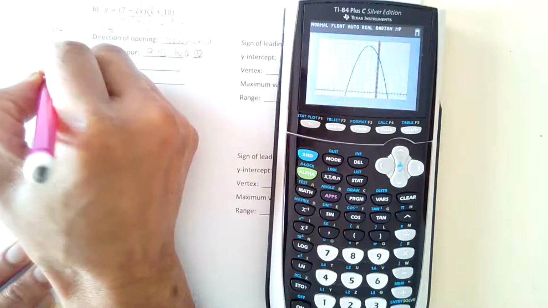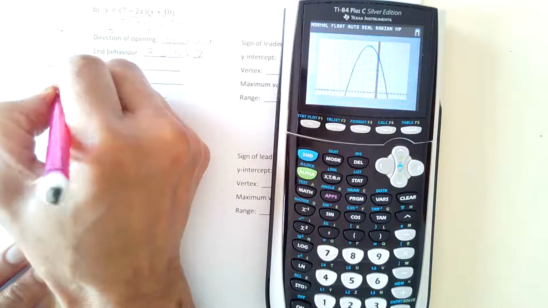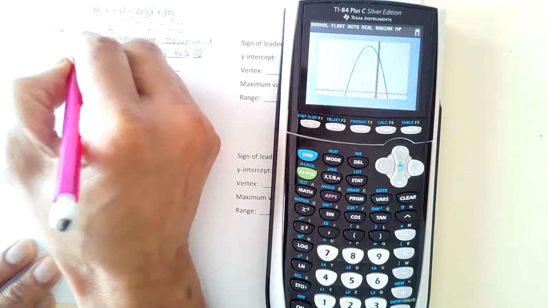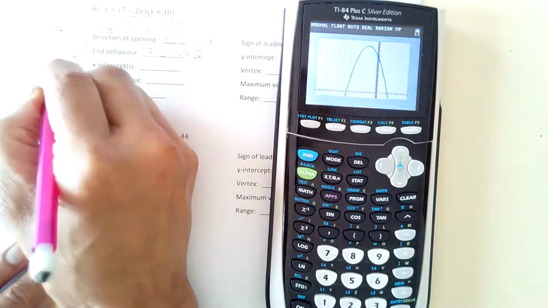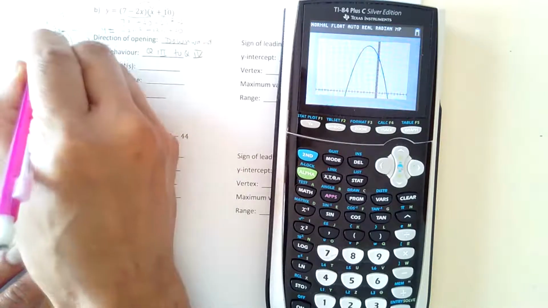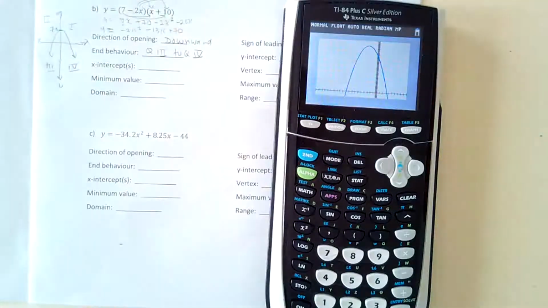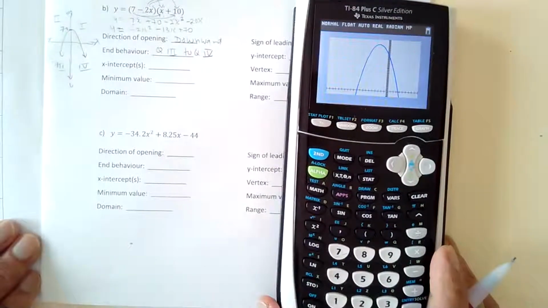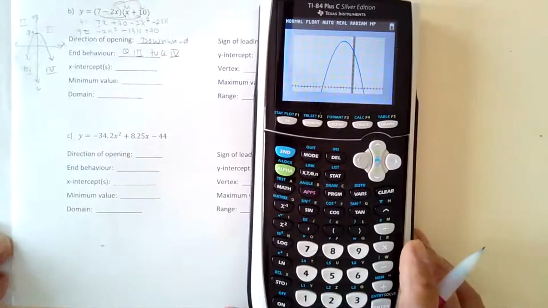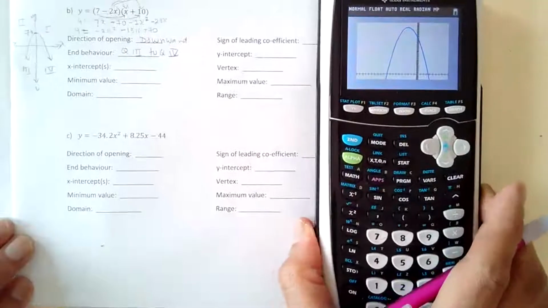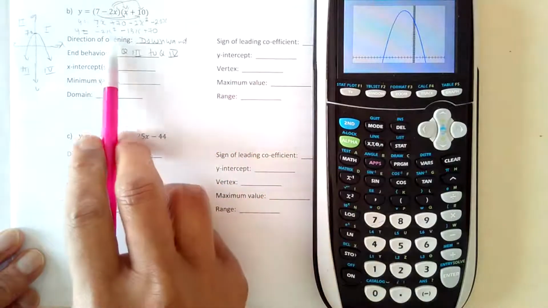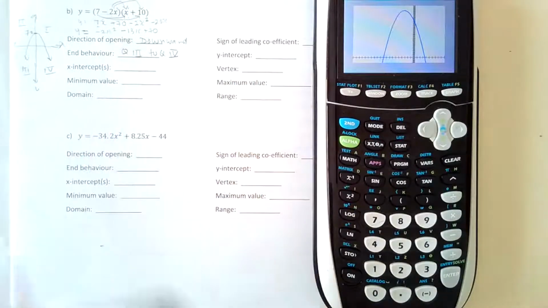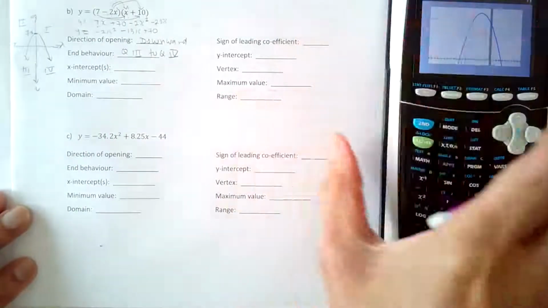So quadrant 3 to quadrant 4. Remember, this is quadrant 1 and this is quadrant 2. Now the sign of the leading coefficient is negative. If it's going down, you can tell it's negative.